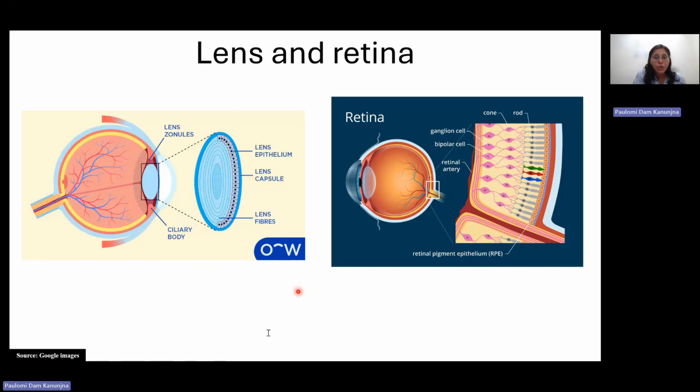Now, the layer that I told you last time was retinal pigment epithelium, RPE, one of the most important layers. Then you have the photoreceptor layer, as the name suggests. These are the layer that consists of the photoreceptors, the cones and the rods. You can see the cones are colored in blue, green, and red, while the rods are for black and white as their functionality, right?